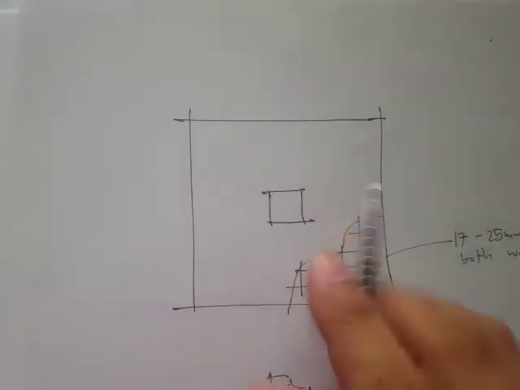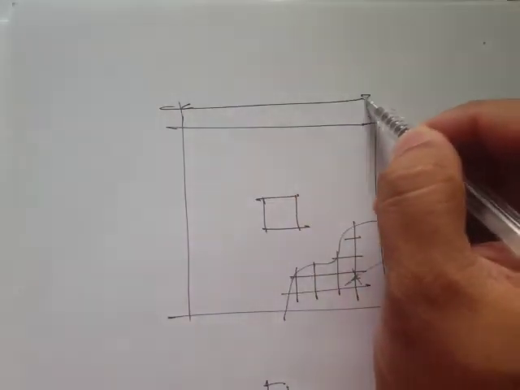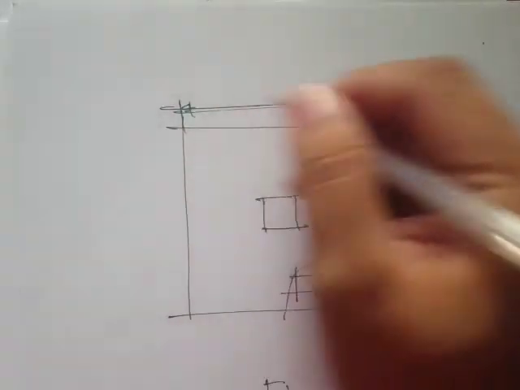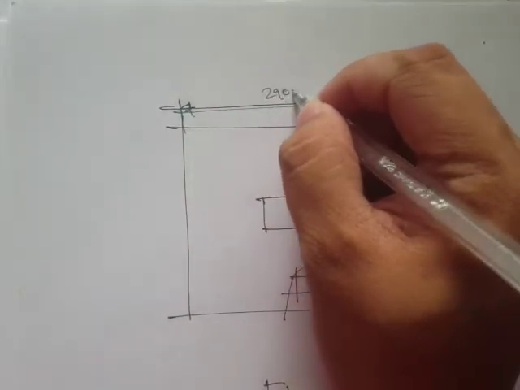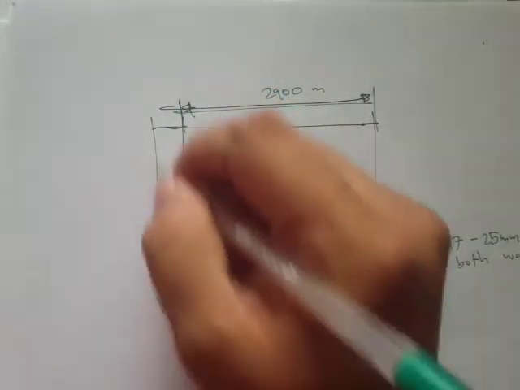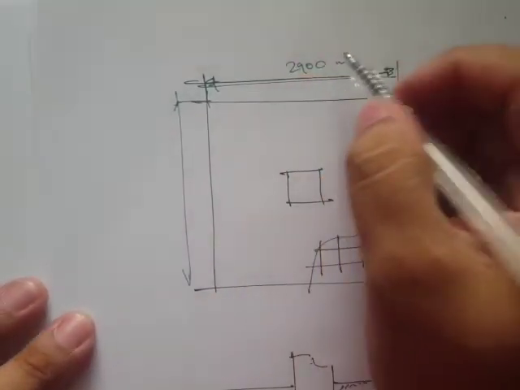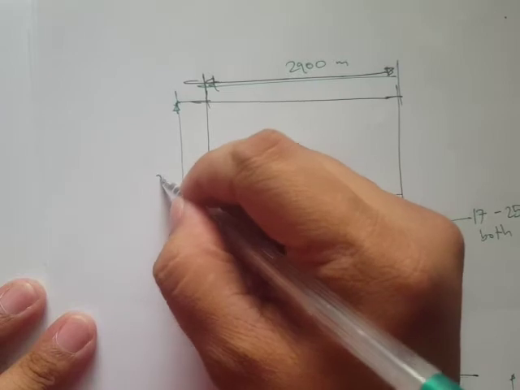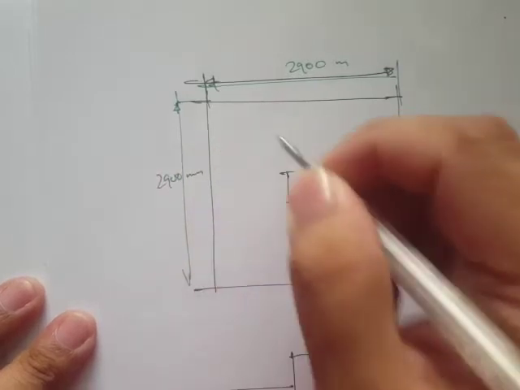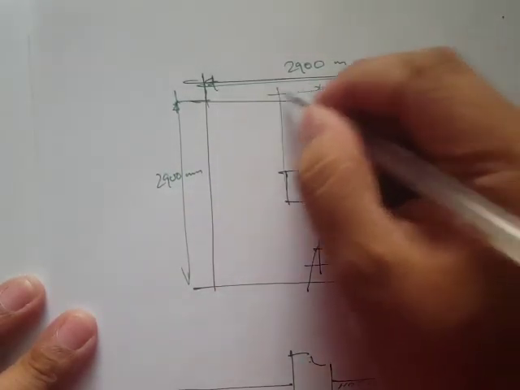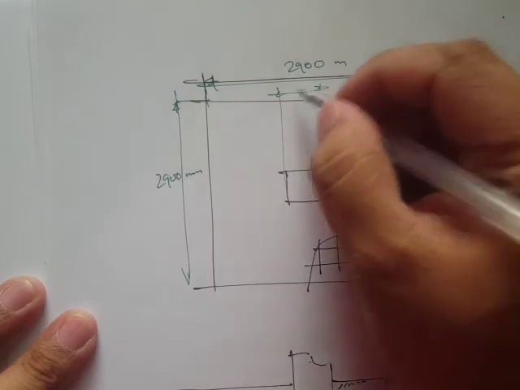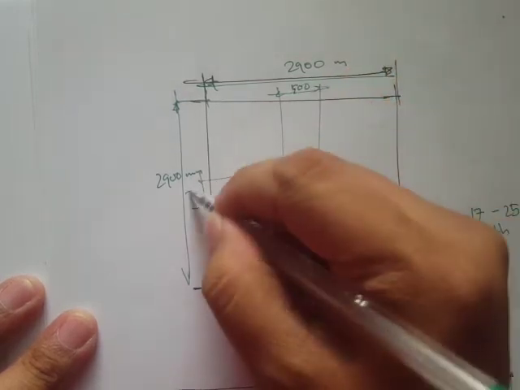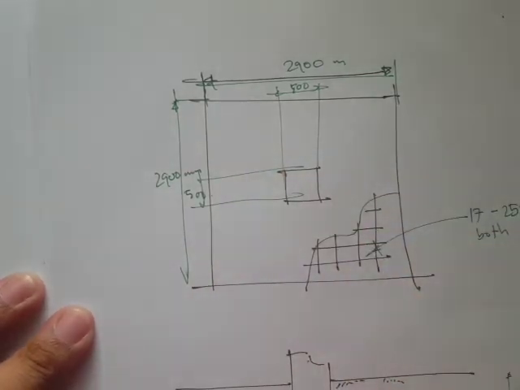So the dimensions we have, this one should be this color, 2900 mm, or you can just use units in meters if you'd like. Okay, so 2900 mm. This is 500. This one is also 500.